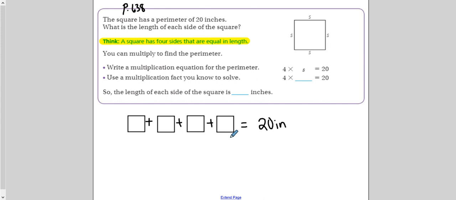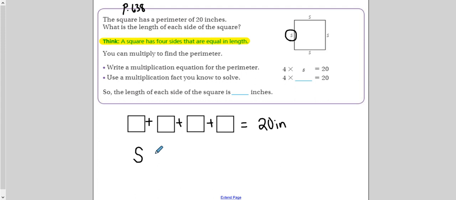Or I know that if I can take whatever value this is, this value of s, which by the way is a variable that I don't like to use, but we'll use it in this example.